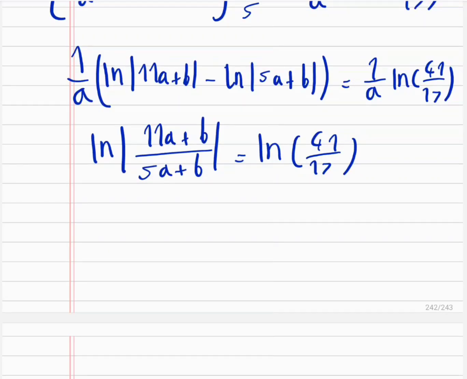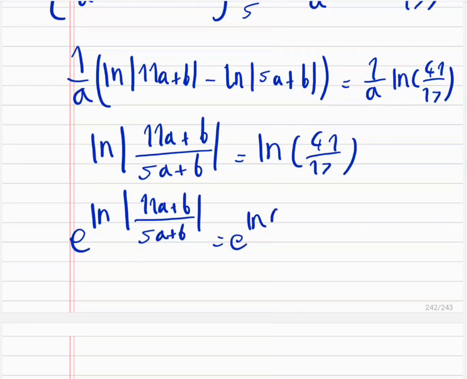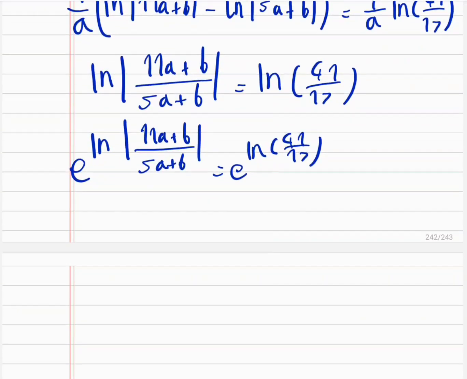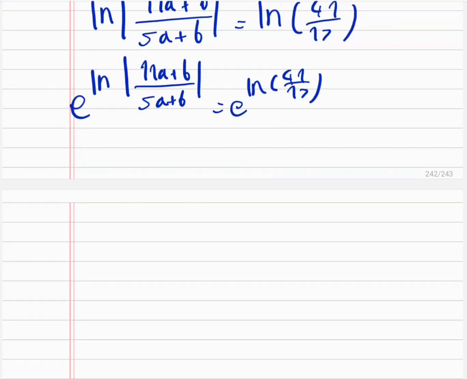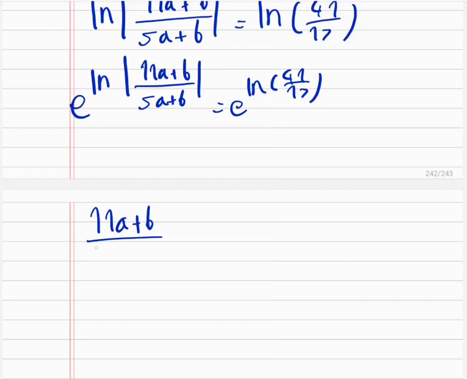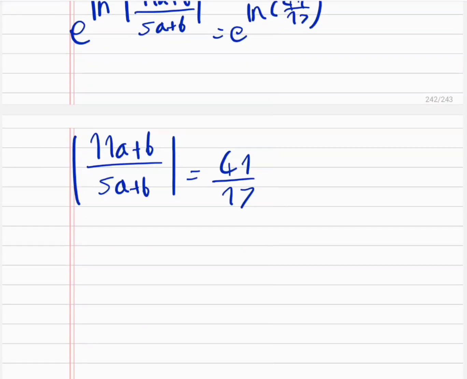Now we can use the exponential and take e of both sides. So e to the power of ln((11a + b)/(5a + b)) and e to the power of ln(41/17). That's because we can get rid of the lns, and that's going to be the modulus of (11a + b) over (5a + b), and on the right hand side we have 41 over 17.